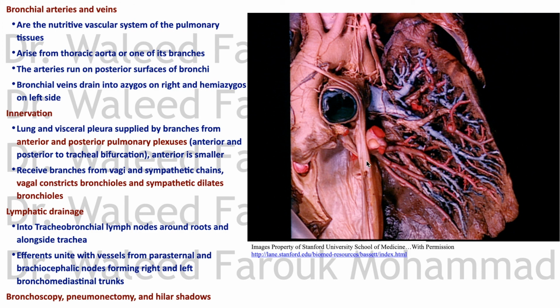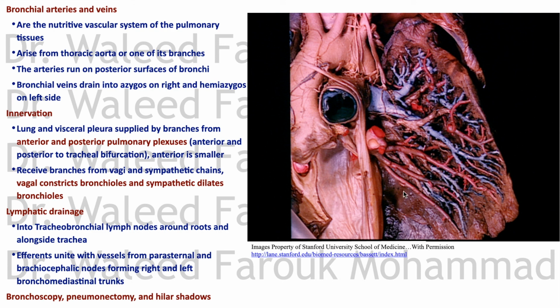Bronchoscopy is the procedure by which you want to visualize the bronchial tree. You can introduce a dye there and make an X-ray picture to see. It's called the bronchogram, where you can visualize the bronchial tree. Any displacement in the bronchial tree will be a result of a mass like a tumor, for example.